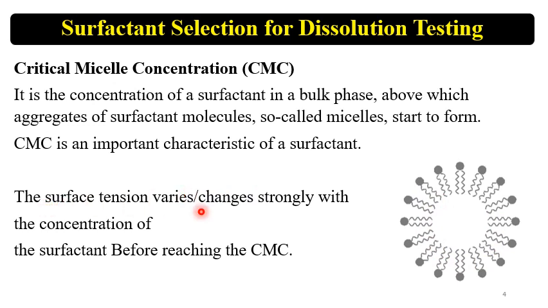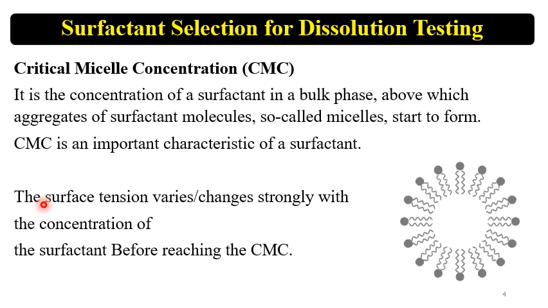The surface tension changes strongly with the concentration of surfactant before reaching the CMC. So consider that you are adding surfactant into the water step by step, for example 0.5 gram in 1 liter of water.